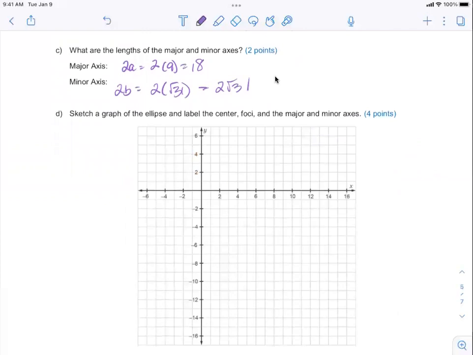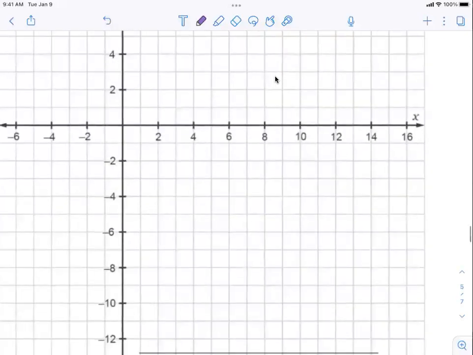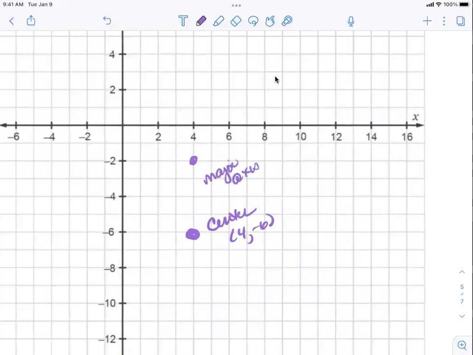So you just take all those important points we found up earlier and graph them. So your center is at 4, -6. Center. And we know that we have a major axis at 4, -2. And our foci is at 4, 1.